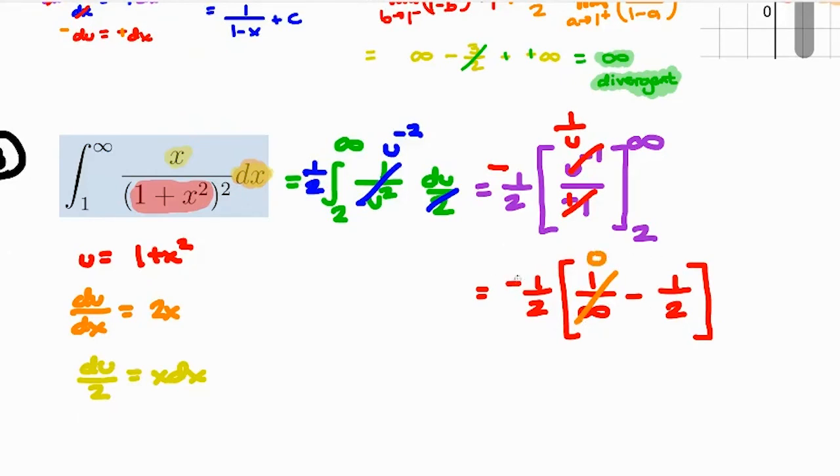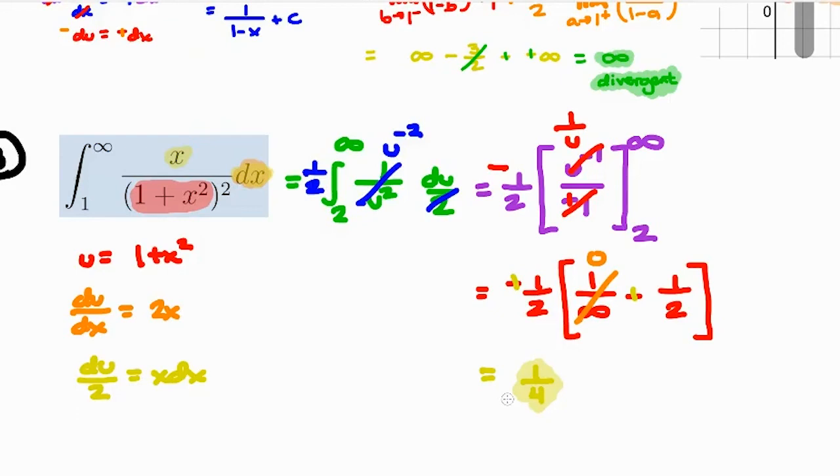Well, this is negative 1/2 times negative 1/2, and you end up with 1/4 as your answer. Which is weird because you're going to infinity, but you still end up with 1/4. Pretty interesting. We're going to talk about that more when we do convergence testing, so you'll see that later on.